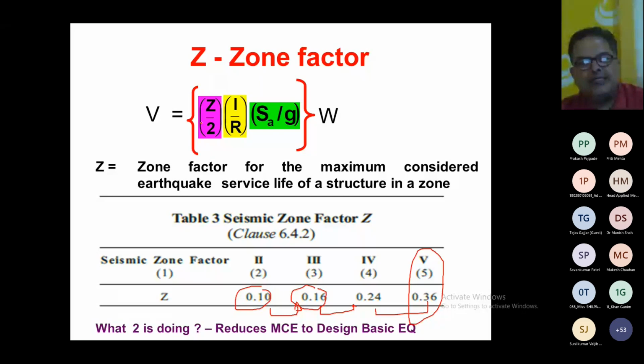So if you look at this, the Z is in the numerator. If two identical buildings are located, one in zone 2 and another in zone 5, both buildings are the same, but when you design, you have to design for 3.6 times higher force if your building is located in zone 5 as compared to the building located in zone 2, right?